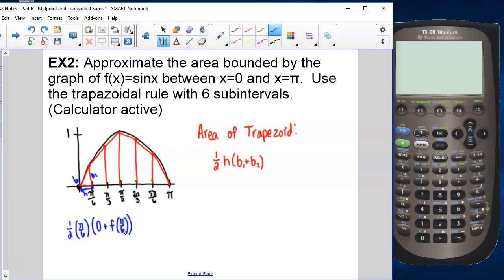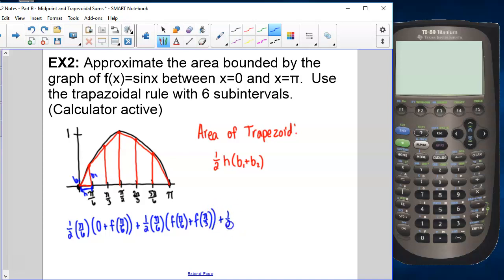I'm going to use the calculator, so I'm not going to worry about that f of pi over 6 right now. And then I'd have another trapezoid, 1/2 times pi over 6 times f of pi over 6 plus f of pi over 3. And that would be the second one.